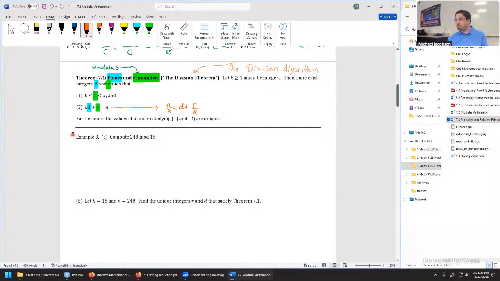Okay, my next two examples, really their whole purpose is just to understand what the division algorithm is saying by working out values in part B. But the heart of the division algorithm is really modulus. So we're going to start with part A, then use the theorem directly for a specific k and a specific n coming from this division algorithm.